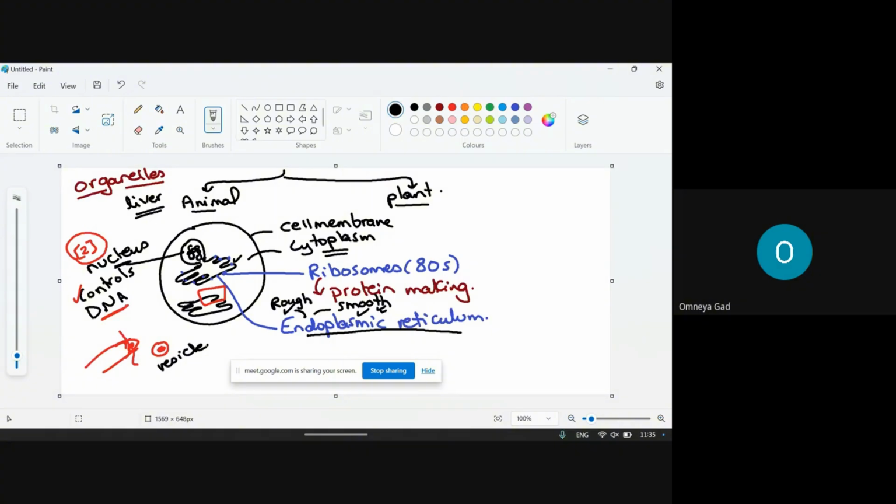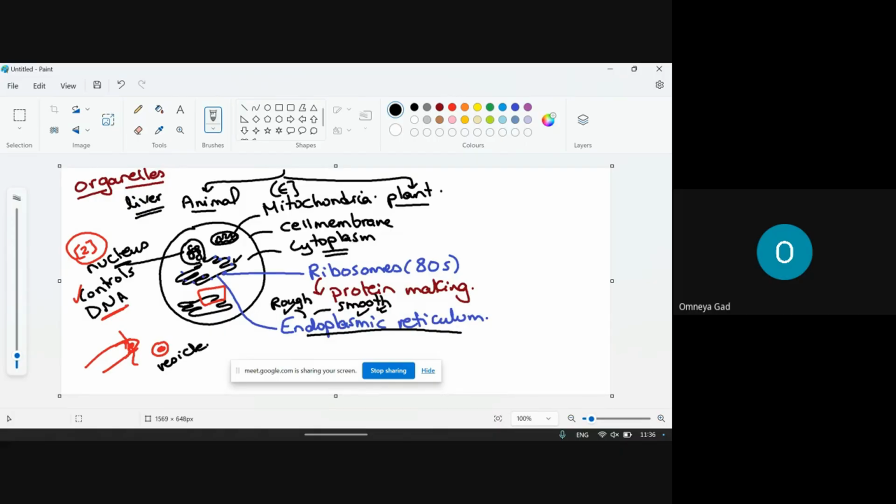Fine. But also, the animal cells have a structure which is circular like this, and it has something in the middle. It looks like a worm a little, and it is called the mitochondria. What is the mitochondria? The mitochondria is the powerhouse of the cell. This is what gives the cell energy.